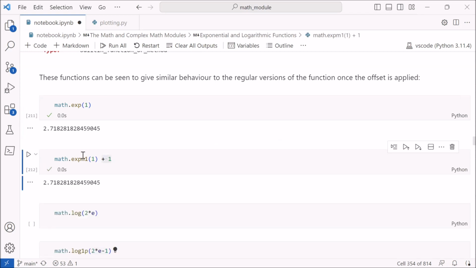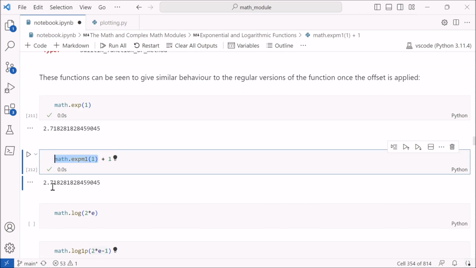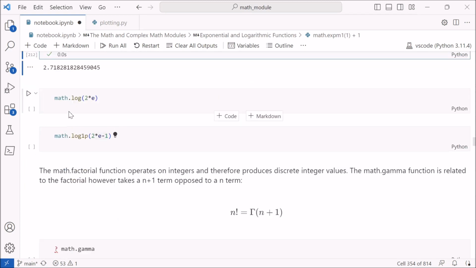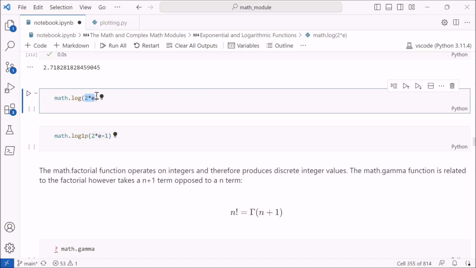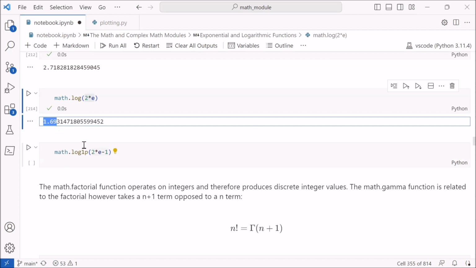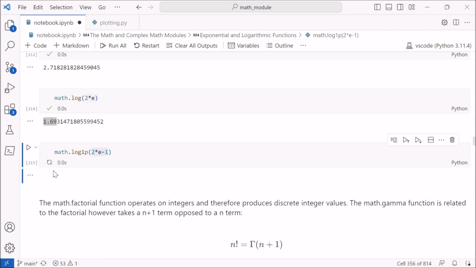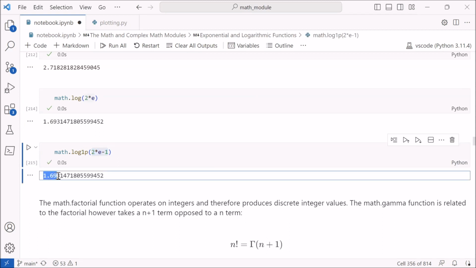If we have a look at the exponential of 1 minus 1, then we're going to get 1.718, and if we add 1 to it, then we basically get the same thing. And if we have a look at the normal log function of 2 times e, then we get this value 1.69. And if we use log 1p, it's the equivalent of 2e minus 1 here. So you see we get the same thing.